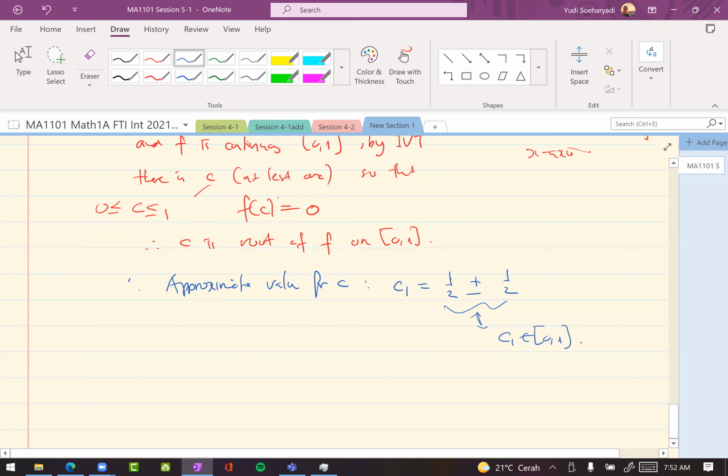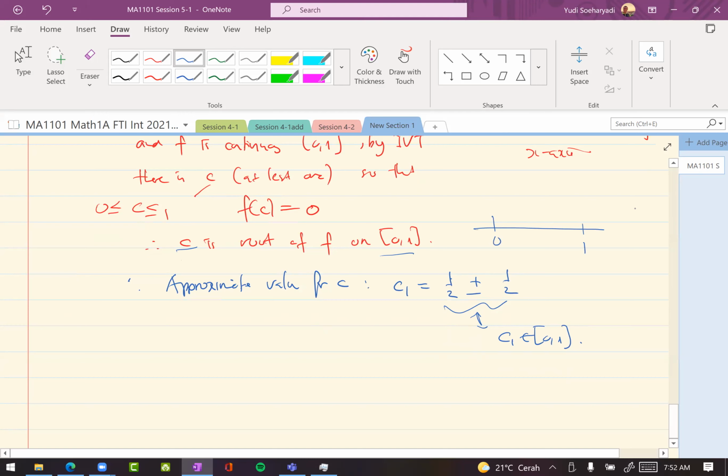So just to say that c is between 0 and 1 is the same as saying that c is 1/2 plus minus 1/2.